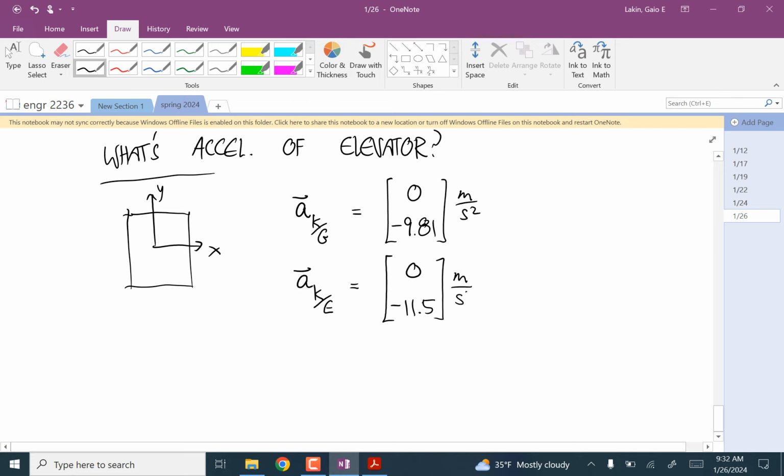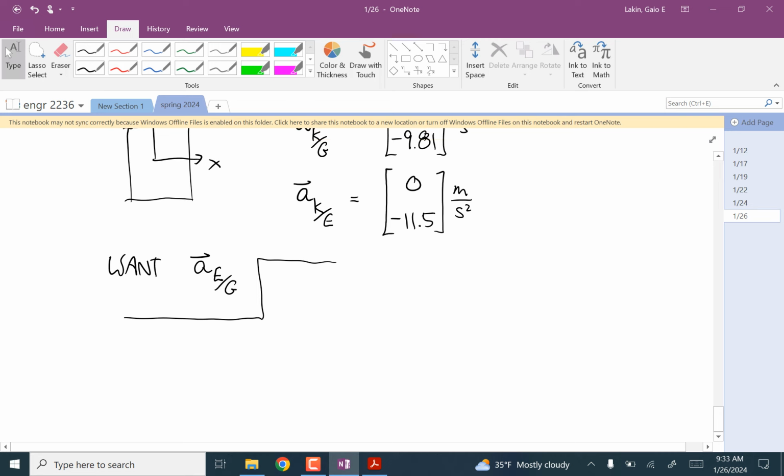That's what we're given. And what we want is the acceleration of the elevator relative to the ground. So we can set this up as the acceleration of the keys relative to the ground is equal to the acceleration of the keys relative to the elevator plus the acceleration of the elevator relative to the ground.